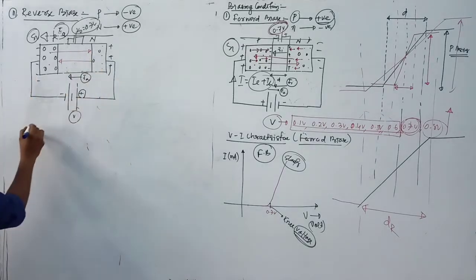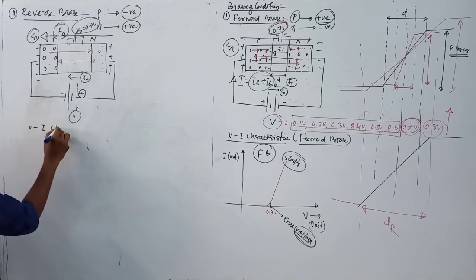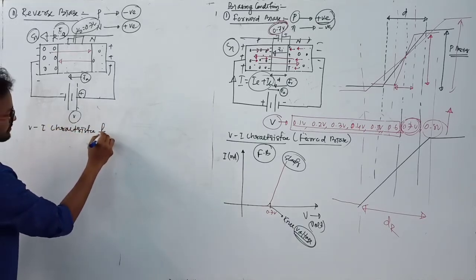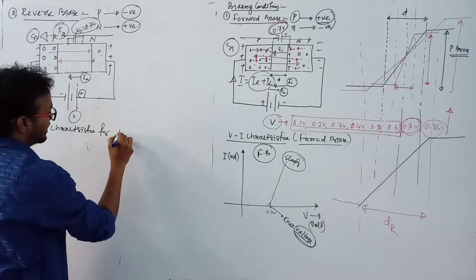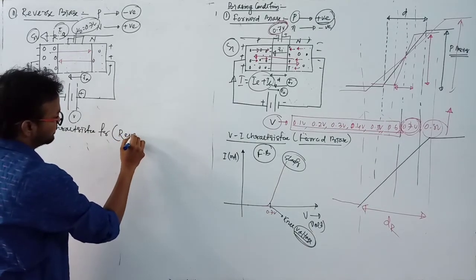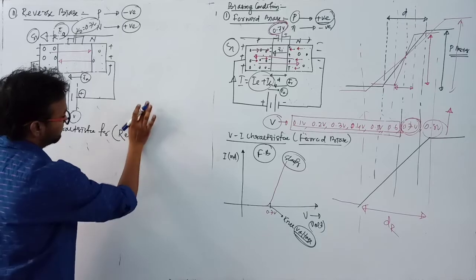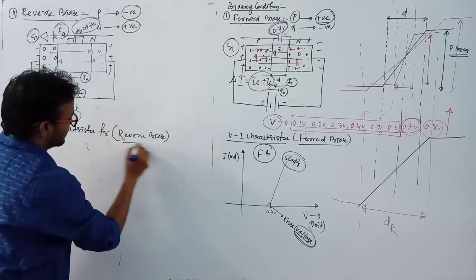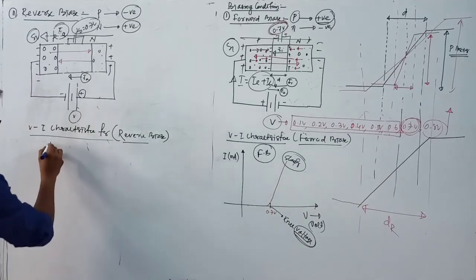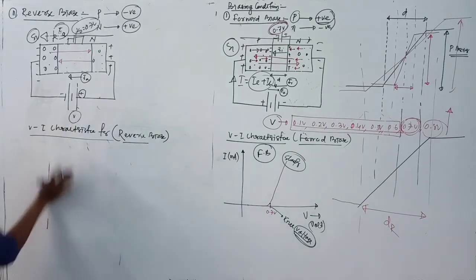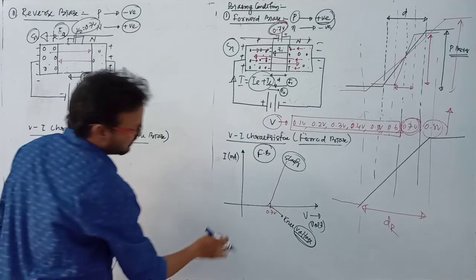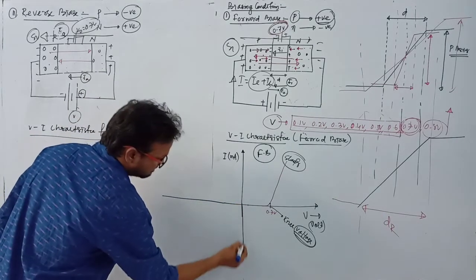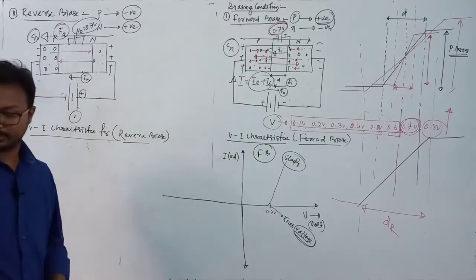In this case, if you draw a VI characteristic for reverse bias case, this characteristic graph is also important. I am drawing this characteristic graph here. This is known as reverse bias.